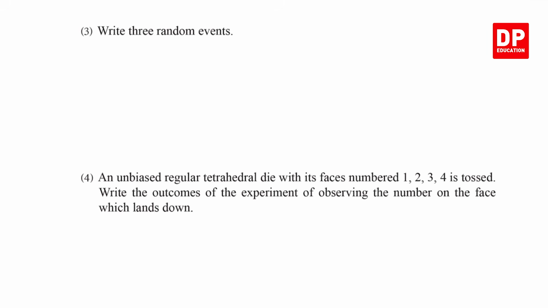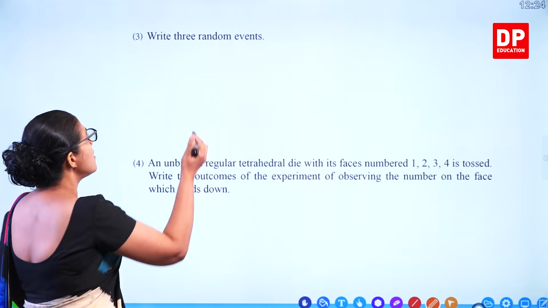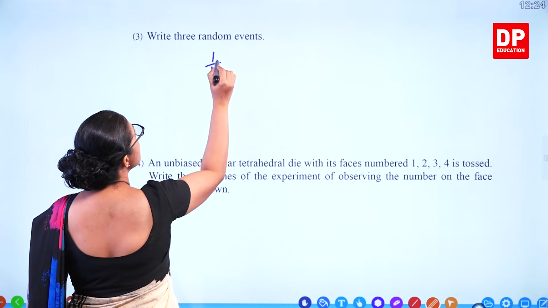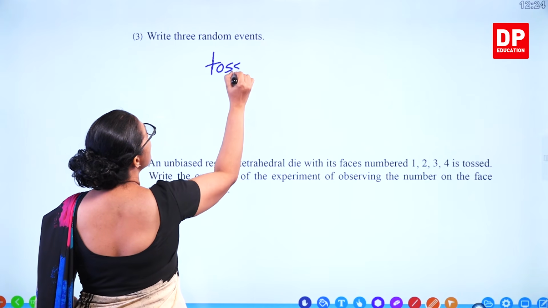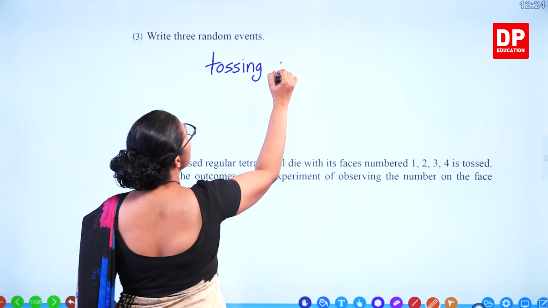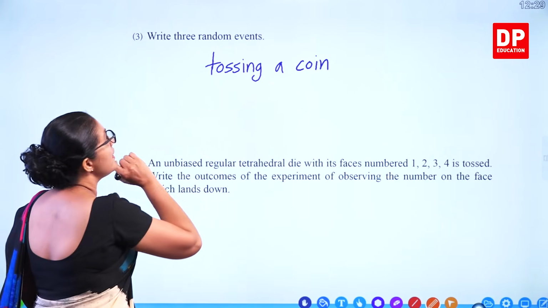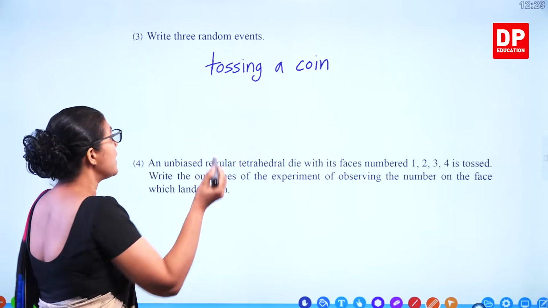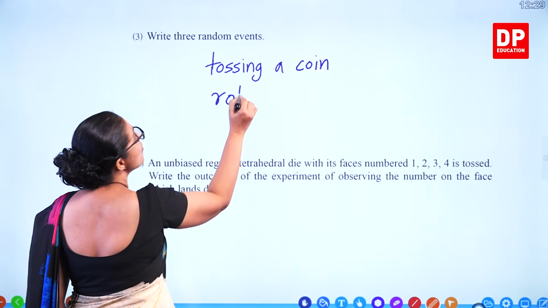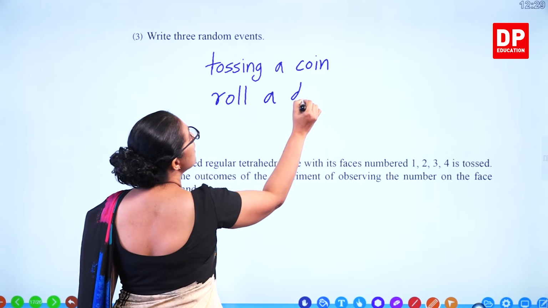Write 3 random events. Tossing a coin, that's a random event. And you can roll a die.